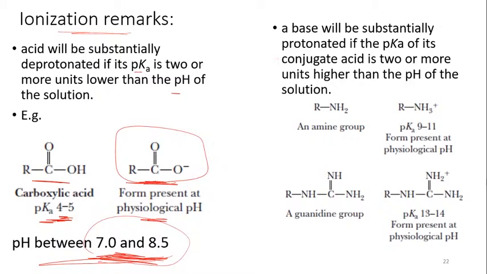And if I have something like a base, like an amino group, in that case I have a pKa value higher than my physiological pH between 7 and 8.5. This means that my compound would favor the protonated structure more than the deprotonated one. If I have something like quinidine, usually, if it is found at physiological pH, I will have the protonated part.